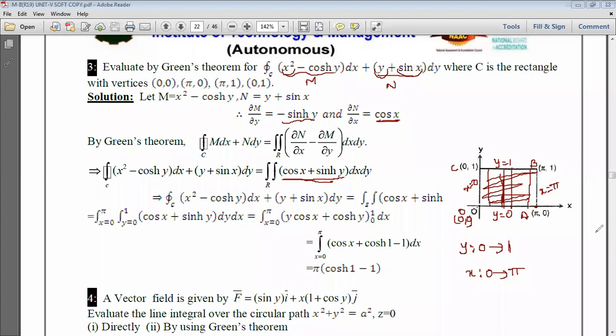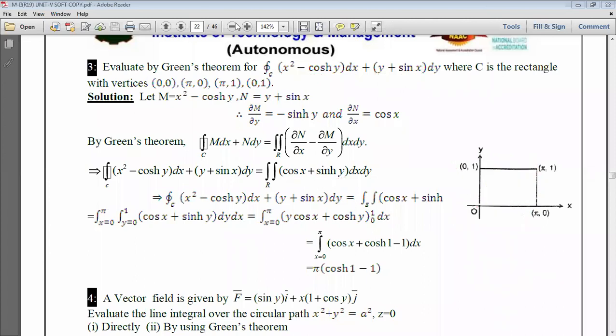Understood, writing the limits here, y is from 0 to 1 and x is from 0 to pi. Here it is, this is nothing but the y is equal to 0 line, and this is nothing but the x is equal to pi line, and this is the y is equal to 1 line, and this is the x is equal to 0 line.